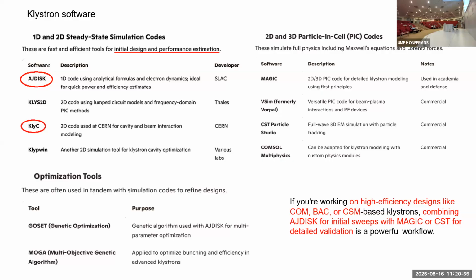Why would you need to make some cavities or Klystrons, the microwave tubes, or magnetron? You can buy everything from Thales. Mostly it's forbidden. It's difficult to make a purchase.